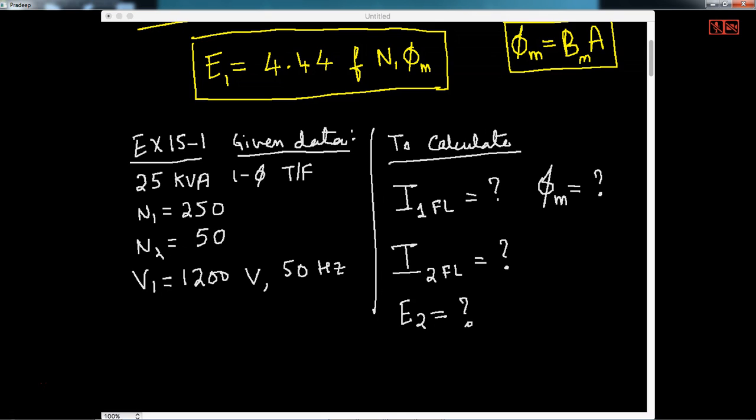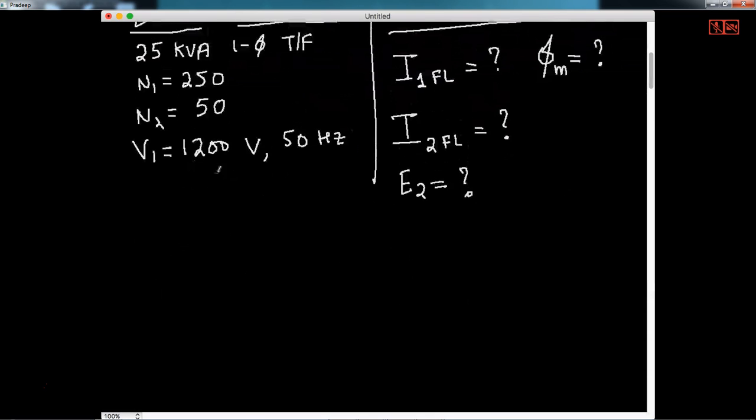What we do is not very difficult. What is the rating of the transformer? The rating of the transformer divided by voltage V1 will give the primary current. So I1 full load is nothing but 25 kVA divided by 1200 volts. Here you should be careful with the units.